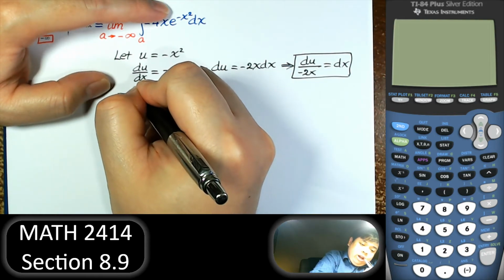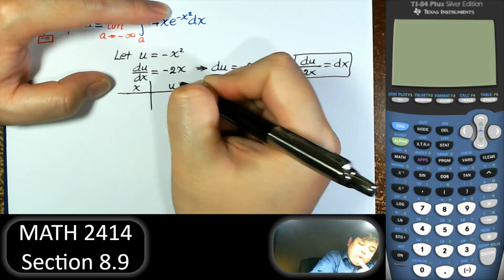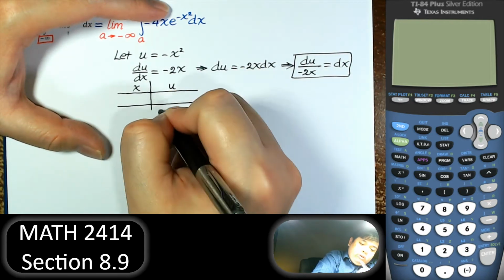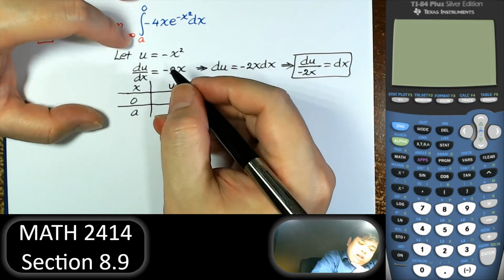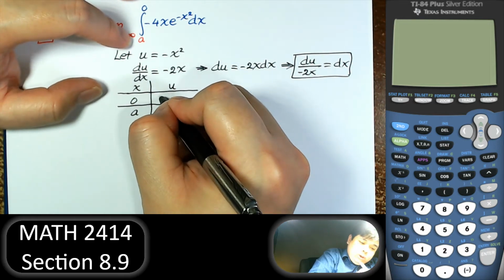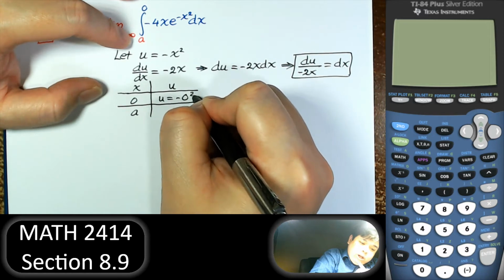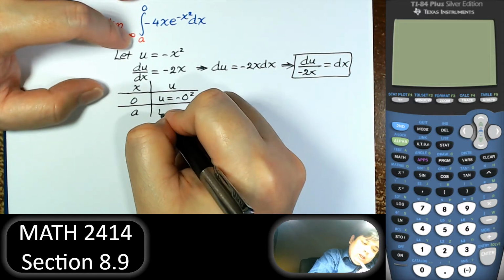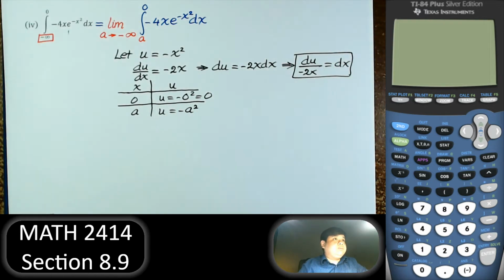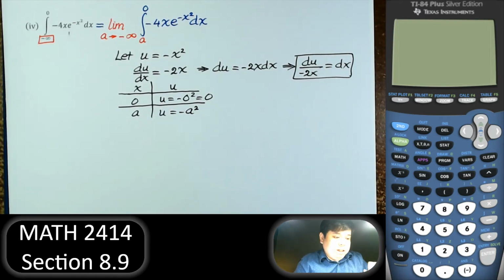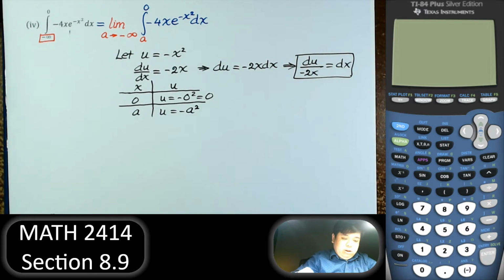Originally we have x, after that we have u. So x goes from a to 0, u is negative x squared, so u equals negative 0 squared, which is 0, and u equals negative a squared. Right, so that will be that. Now substitute into the integral.